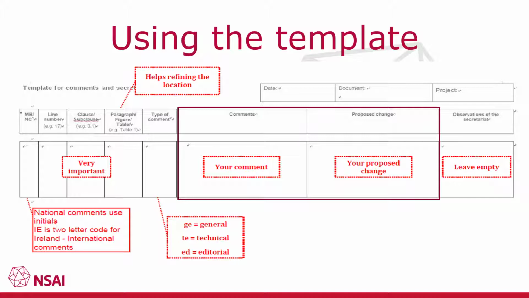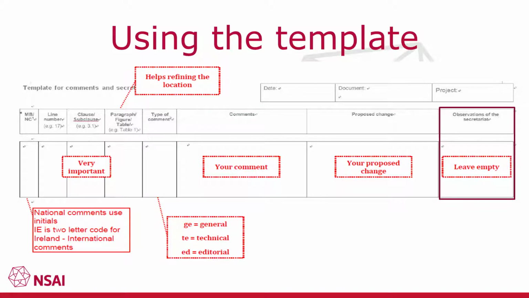The comment column should highlight the issue or concern you have and include the problem text. The proposed change column should have alternative text that you would like to see added to address the issue or concern you raised. The final column is left blank and is completed by the TC Secretary when all comments are reviewed by the drafting group following the ballot closure.